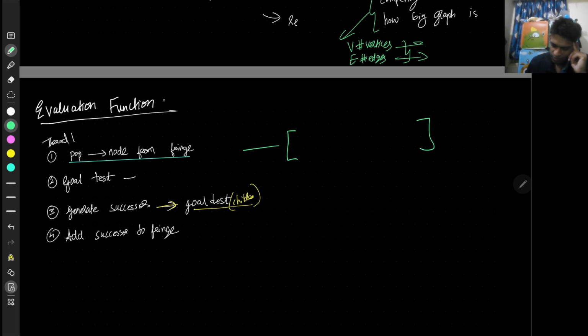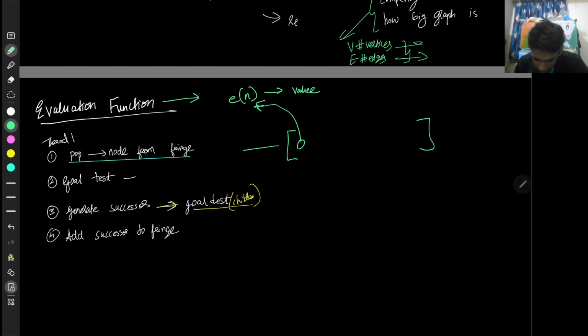The evaluation function is some e of n, where you take one element and put it in this function. It will give you a value, and your strategy will be to choose the node that gives you the lowest value. So your strategy will be to choose from the fringe to minimize e of n.